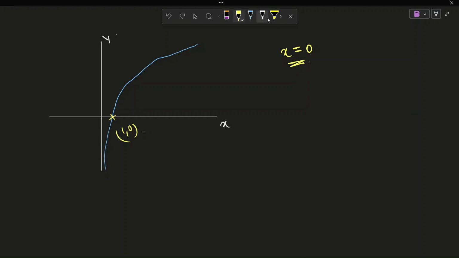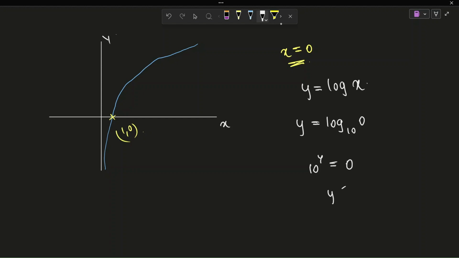Now, using our function equation, y equals log x, let's plug in 0 for x and find out what we get. So y equals log 0 to the base 10. Let's convert it using the conversions that we learned. So the base stays the base, the variable goes on top, and finally we have our number.